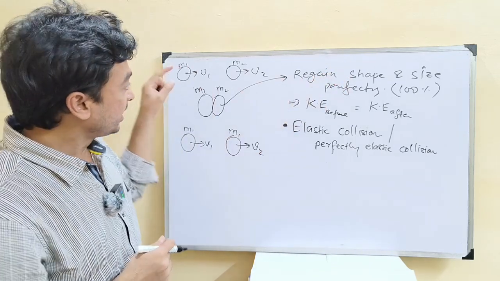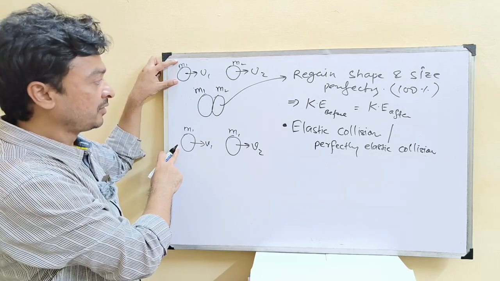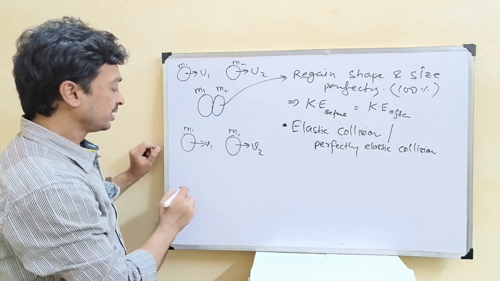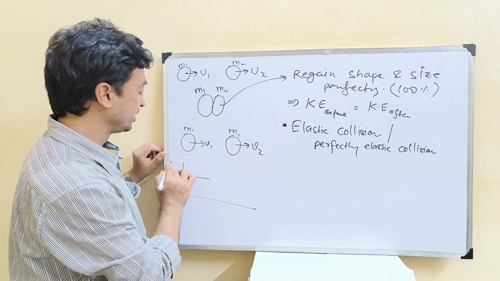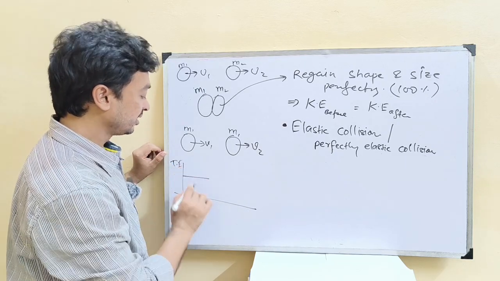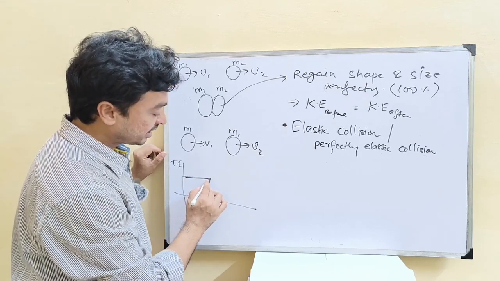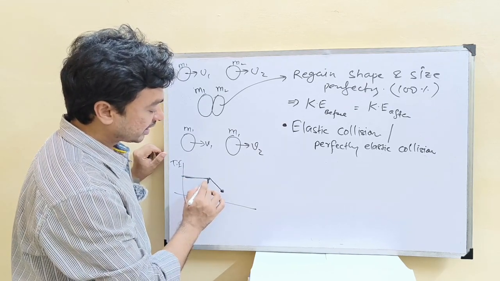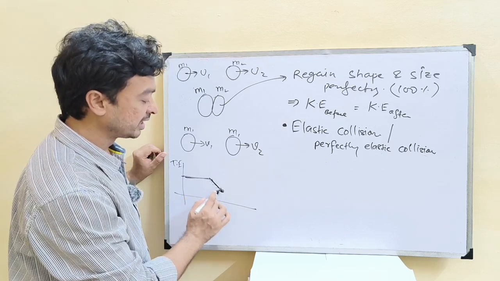So total kinetic energy before is equal to total kinetic energy after. Okay, so what happened? Collision starts. Just before collision, total energy was constant. At the time of collision kinetic energy decreases. Okay, you don't know how it is decreasing, but it is decreasing, right?